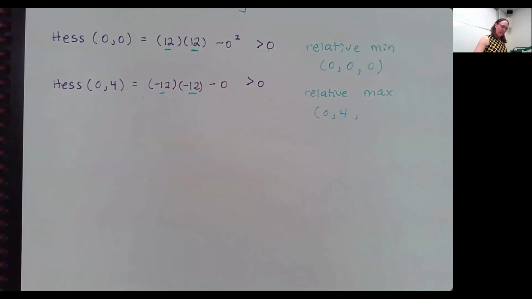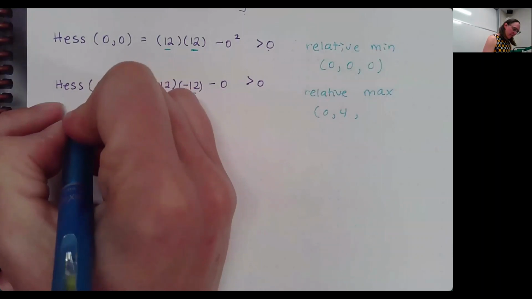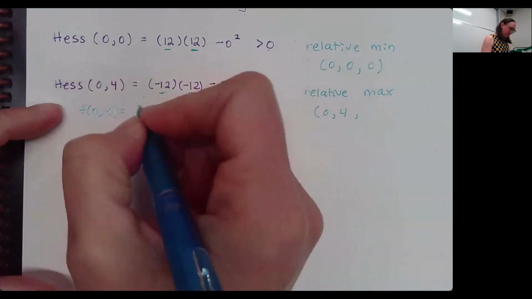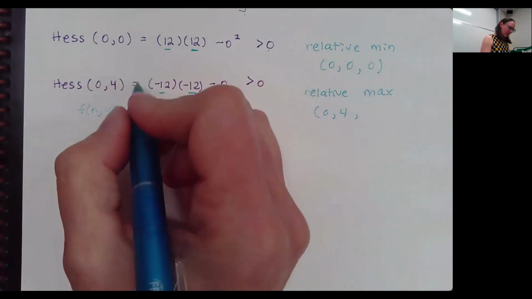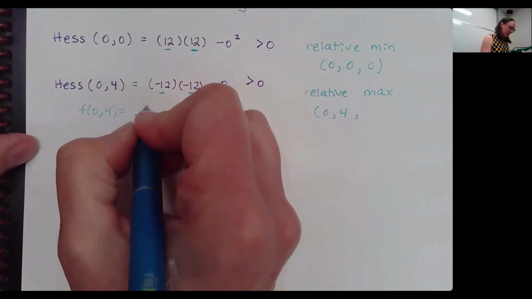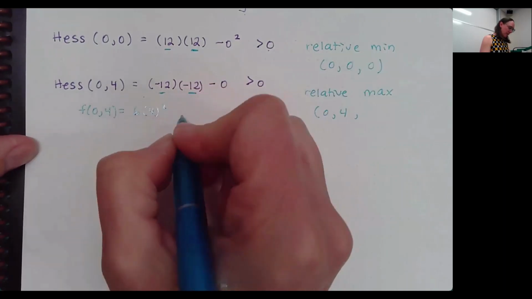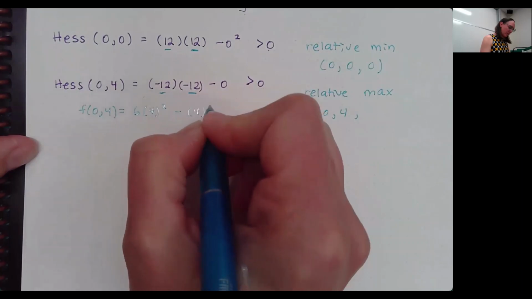And if I plug that in to get the z value, f of 0, 4, I'm going to skip all my x pieces, so that's 6 times 4 squared minus 4 cubed.